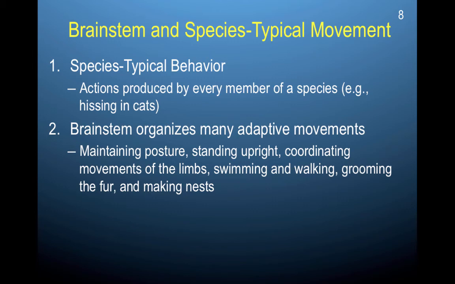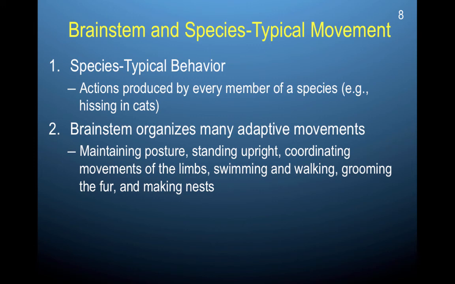Other types of automatic behaviors and adaptive movements include maintaining posture, standing upright, coordinating movements of the limbs, swimming and walking, grooming the fur, and making nests. We always stand upright and walk, which of course is specific to our species. These behaviors are automatic and they are maintained by your brainstem.